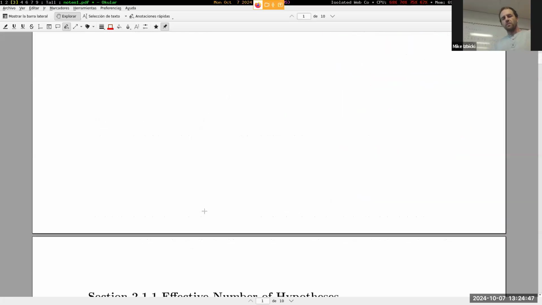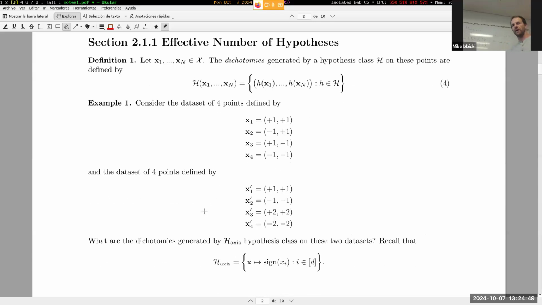Okay. Last time, we ended talking about this dichotomies definition right here. And the dichotomies, an admittedly very confusing thing. There's a lot of unintuitive things going on in this definition right here. And we did an example last time. We will do another example right now on the subsequent page.